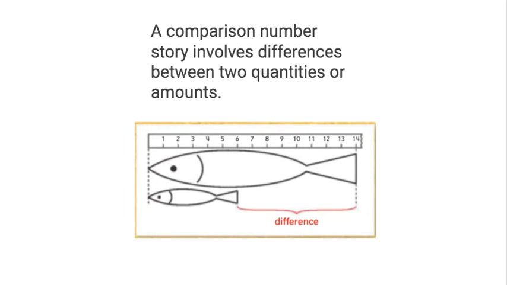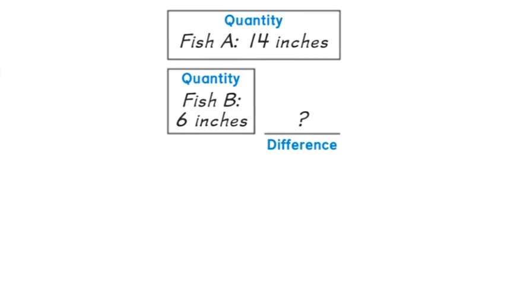So how do we figure that out? Well, we can organize our information, right? We can use a comparison diagram. We have been using diagrams before with parts and total diagrams, change to more diagrams. This is called a comparison diagram, where we're going to take the two amounts or the two quantities, right? Quantity A for fish A is 14 inches. Quantity right over here for fish B is 6 inches. We're taking the two amounts, and we need to find the difference.